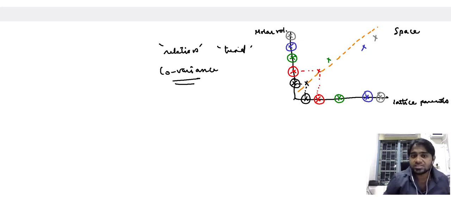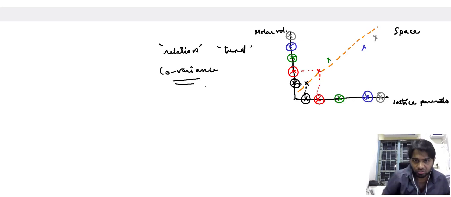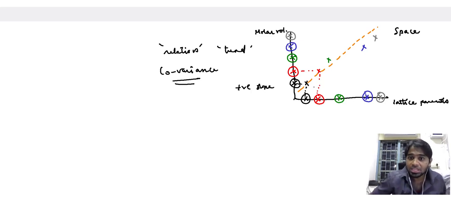Since this straight line has a positive slope, the covariance that we observe is a positive covariance.